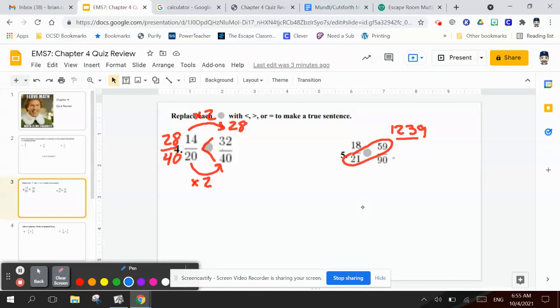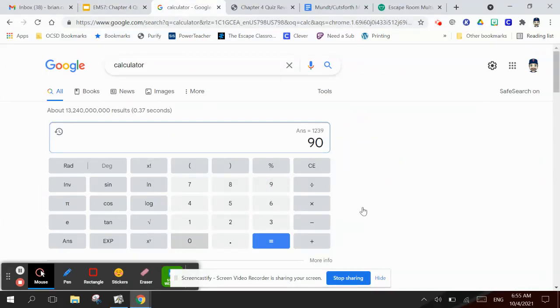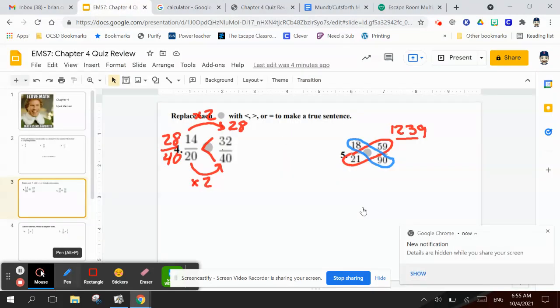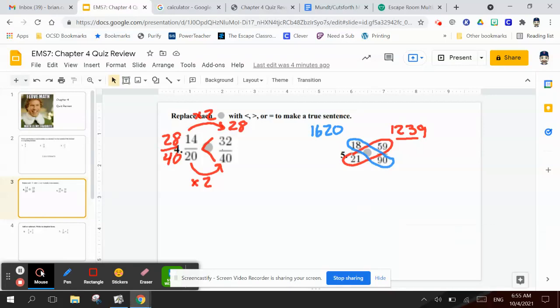The next thing I want to do is multiply the bottom two, or these other two. I'm going to take 90 times 18, and that's 1,620. Now I can compare those two numbers. 1,620, 1,239.